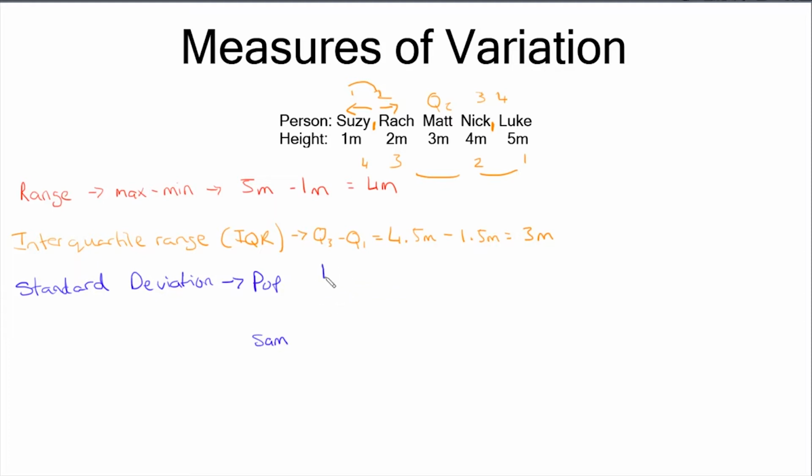It's like this. So 1 divided by n times the sum of all of the values x minus the average value of x, so the mean, and then you square this, and this is square rooted.